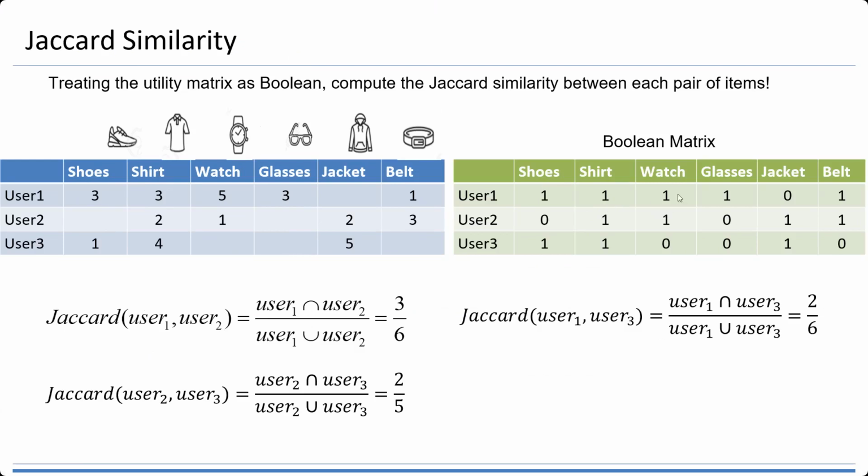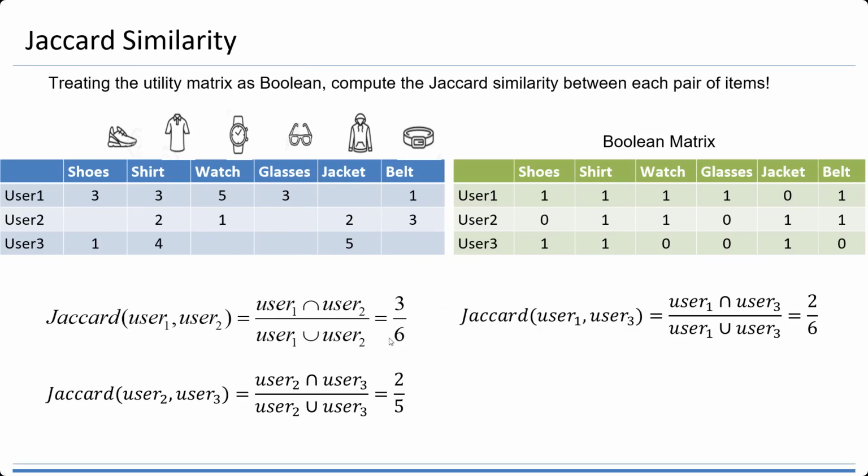What's this data intersect? And belt. This data intersects. So it means there are 3 data intersecting, and how many data do we have?